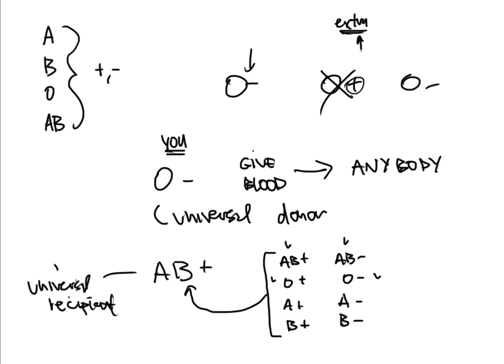So the rhesus factor complicates this process just a little bit, right? And we saw that with our positives and our negatives. But O minus are universal donors, and AB positives are universal recipients. There's a schematic or a diagram that people often will draw for kind of a quick cheat sheet.